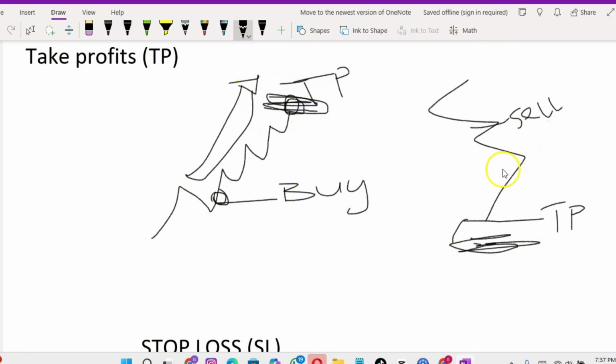And if you are selling, it means you are anticipating a decrease in price, so your take profit has to be down. Your take profit is always in your market direction. So you are going to get a reward for anticipating that particular move. So that is that for take profit.